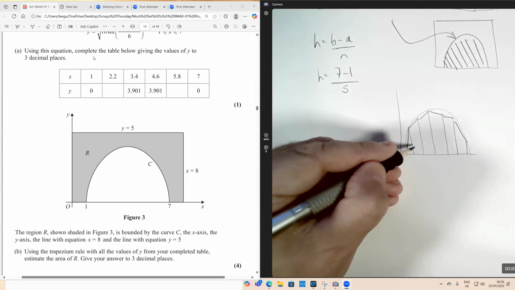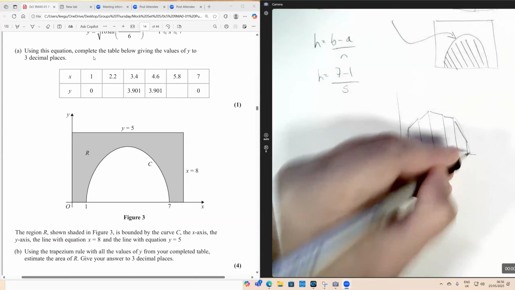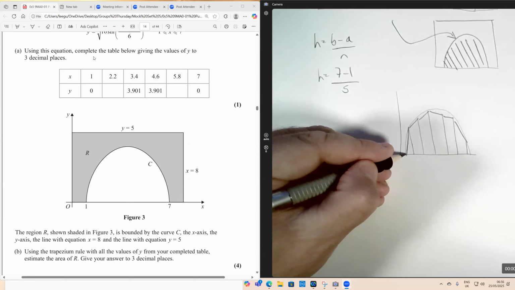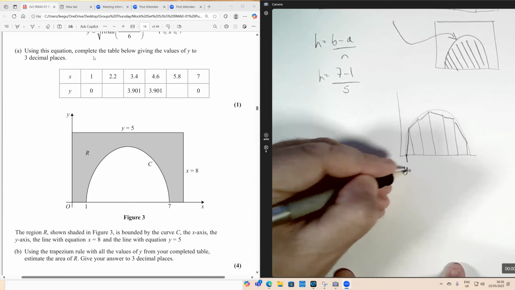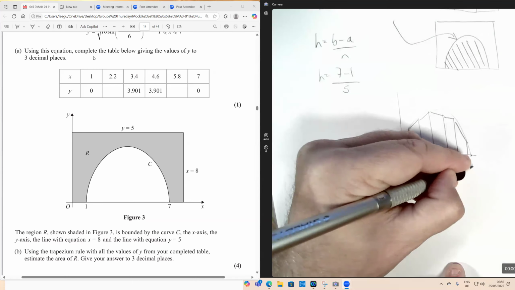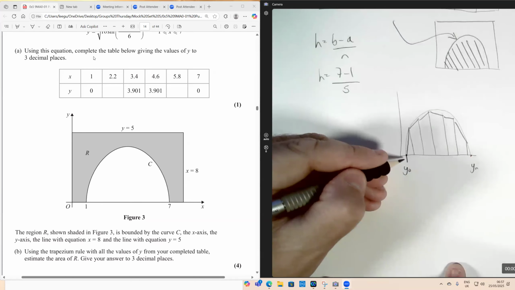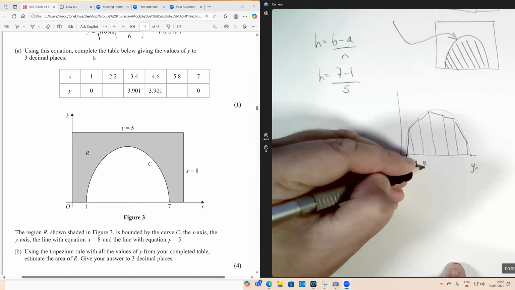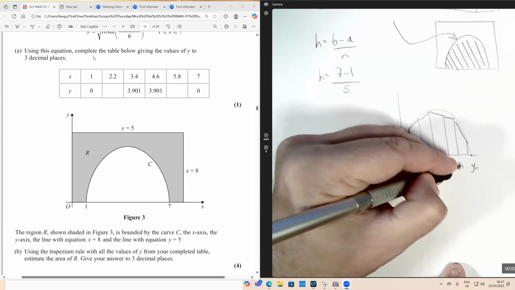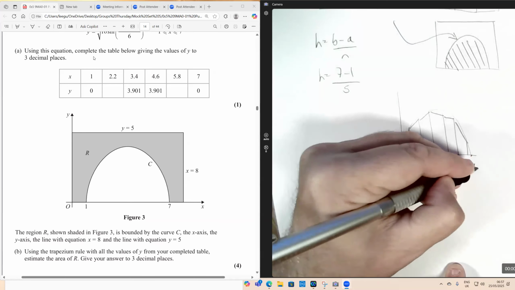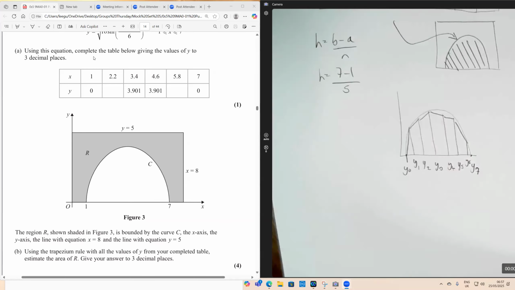Okay, so here we've got 7 trapezia, okay? But in our table, y0 would be there, yn would be there. So we'd have y0, y1, y2, y3, y4, y5, y6, and then this last one here would be y7.